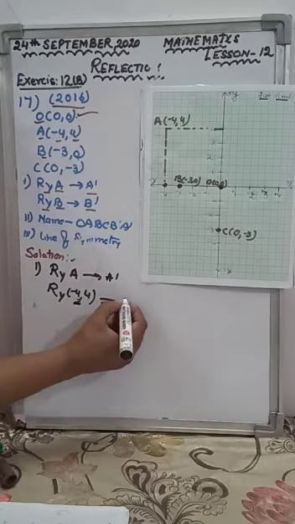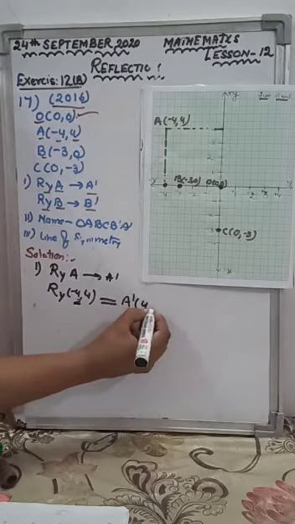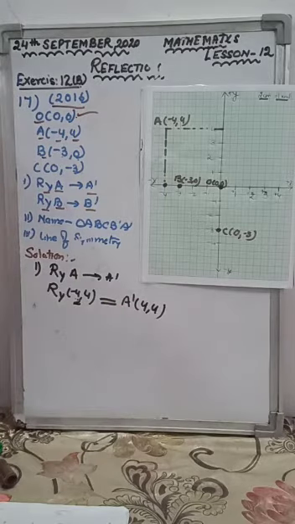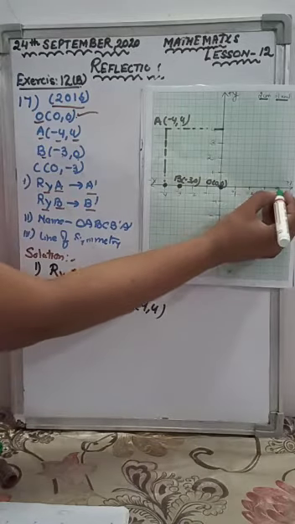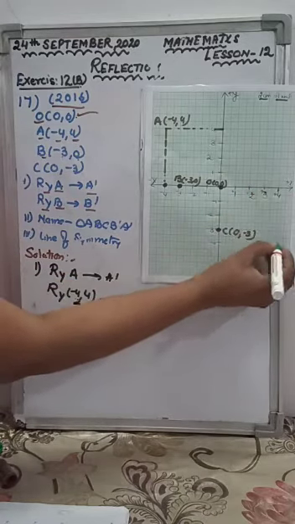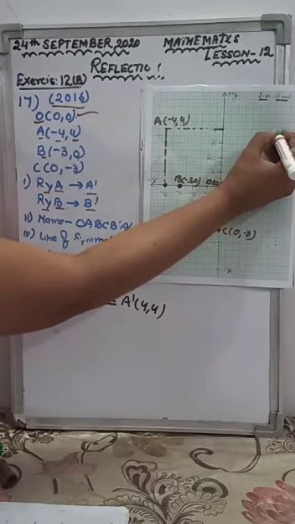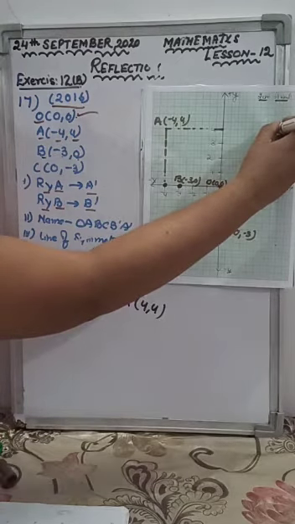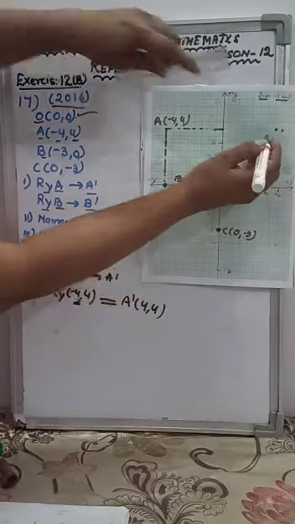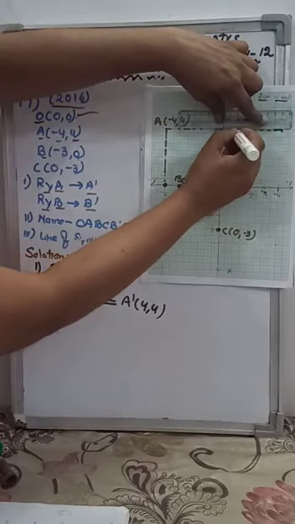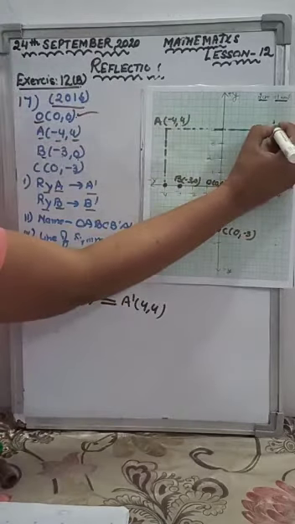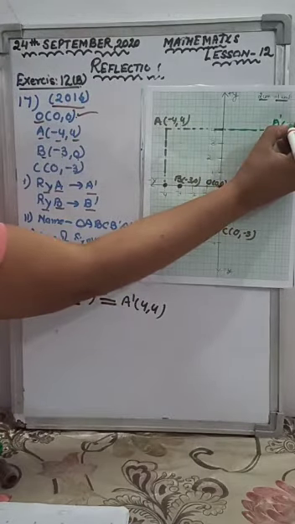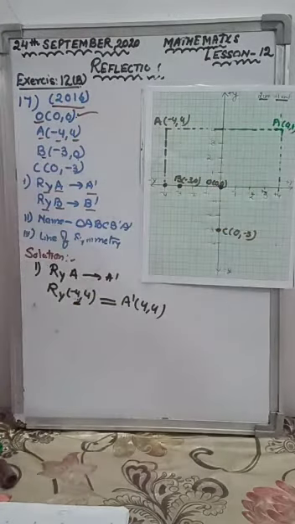So A dash will become 4, 4. Now let us first plot this A dash 4, 4. This is the point 4, 4. So we'll use a ruler, draw a dotted line and label it as A dash 4, 4.